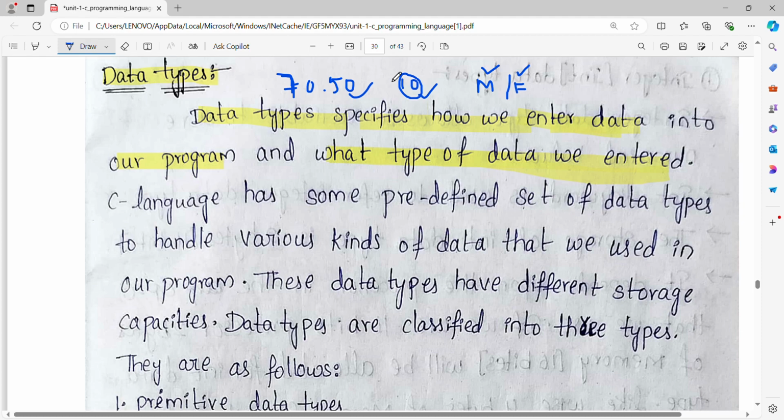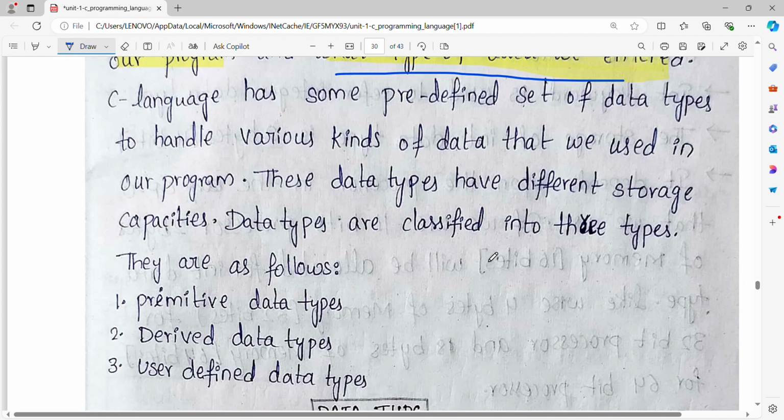Here we have three examples: the decimal number, the round numerical value, and the characters. So how can we represent these values in our program? That is called the concept of data type: how we enter the data and what type of data we entered.